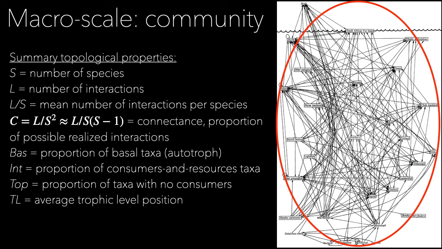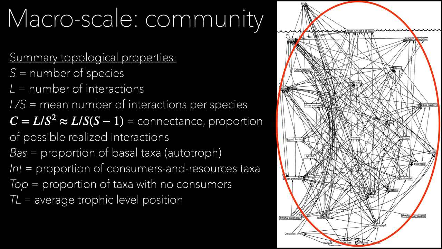Finally, we can also look at the average trophic level position. The trophic level is defined as the rank along which a taxon is located.